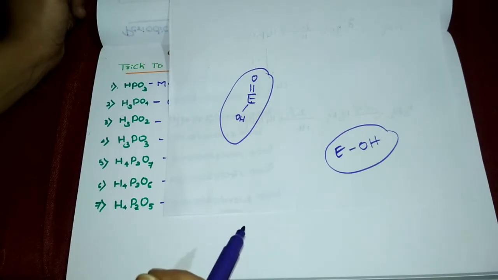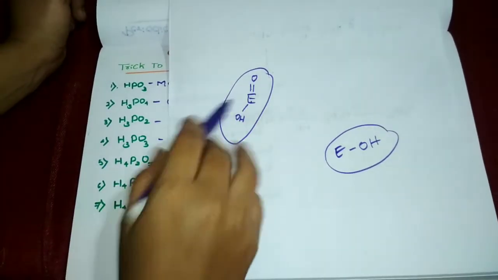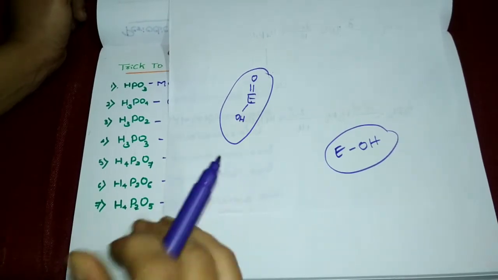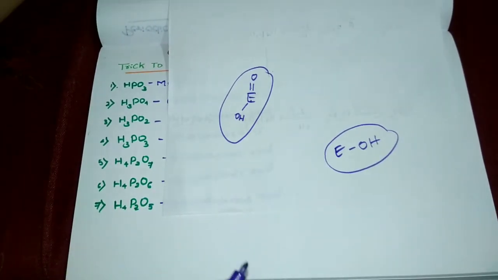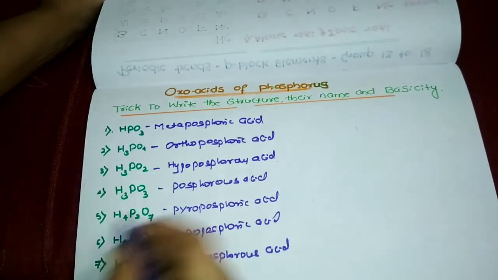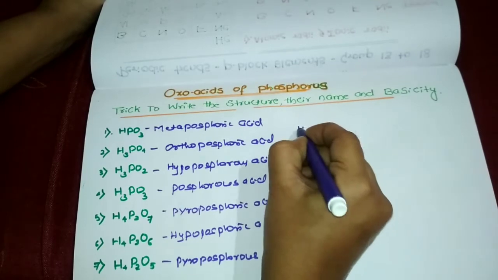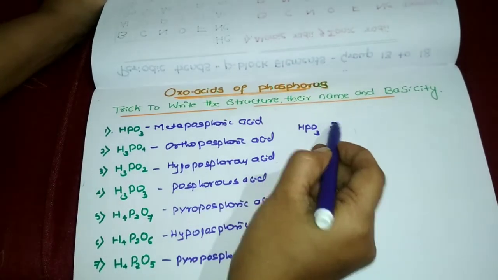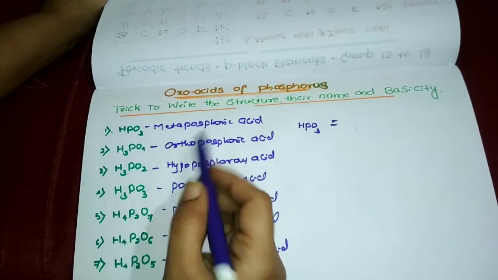Once you get this concept, this trick, the remaining things you can practice or balance very easily. Now see here how I am going to use that trick. Let us go with HPO3. I am writing HPO3 here, and I want to write the structure of this HPO3, which is known as metaphosphoric acid.